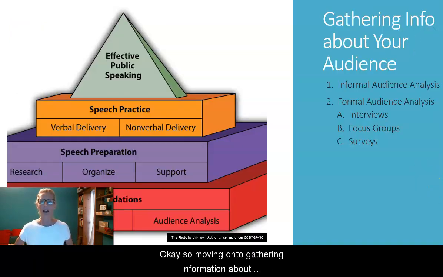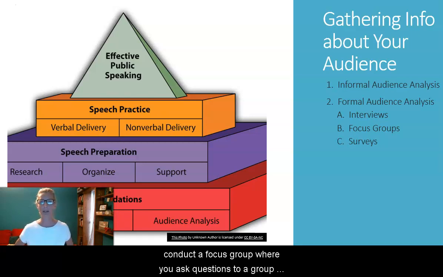Okay, so moving on to gathering information about your audience, you can do an informal analysis, where you just kind of ask questions, you try to get educated about the group of people that you're going to be presenting to. You do it all pretty informally, and then you can also do a more formal audience analysis. We won't have time for that in this class, but if you were going to give a presentation somewhere else or at an event, maybe you would conduct an interview.